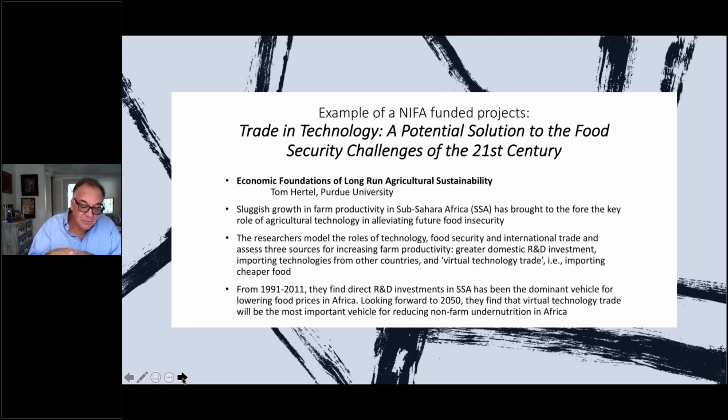He found through this modeling approach that between 1991 and 2011, investments in R&D were the approximate source of productivity growth. But looking forward to 2050, trade and the virtual technologies will be the important source of growth for Africa in providing food supplies.